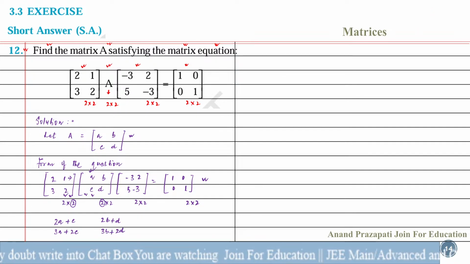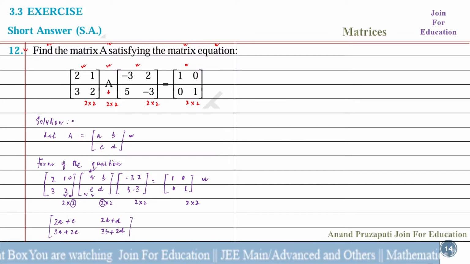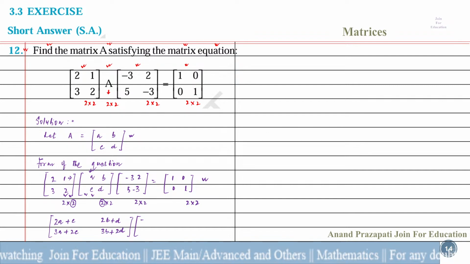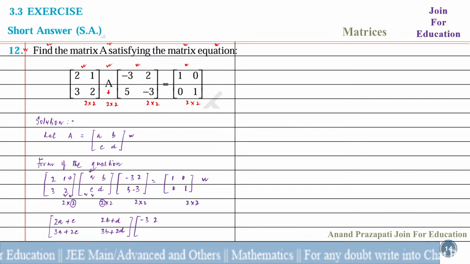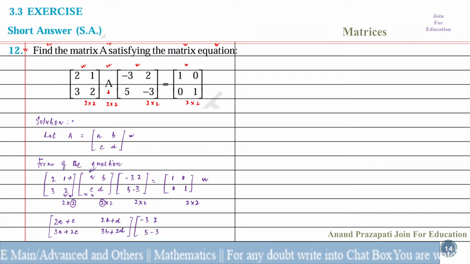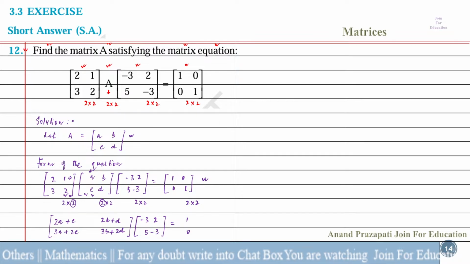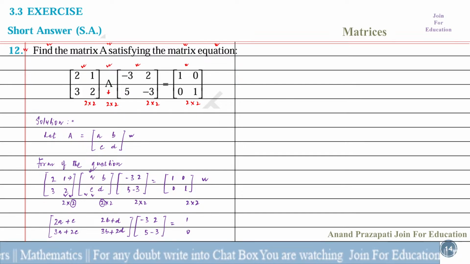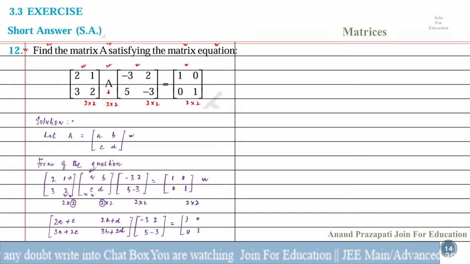After there is no problem to understand up to this step. Into here we write down minus 3, 2 and 5, minus 3, equal to here will be 1, 0, 0, 1. After there is no problem to understand up to this step.